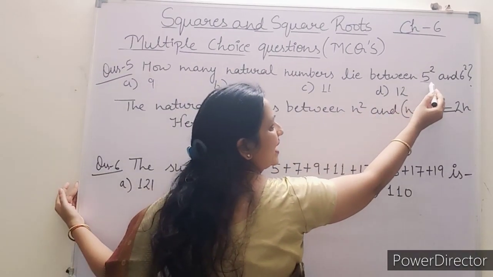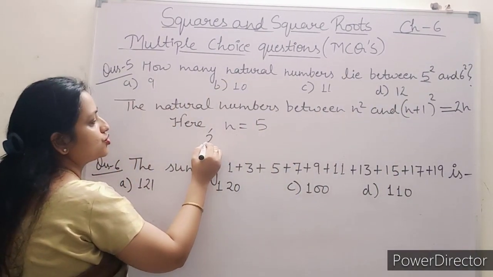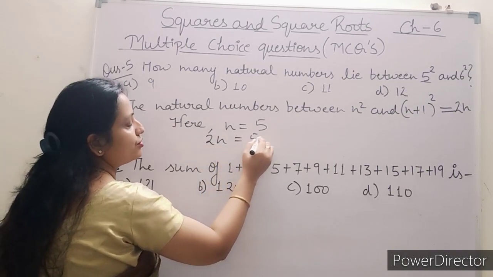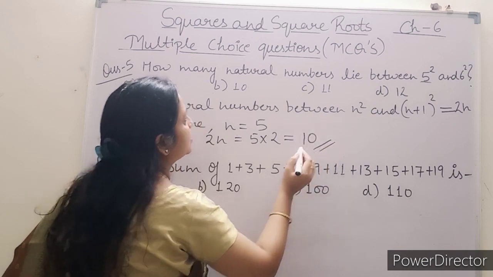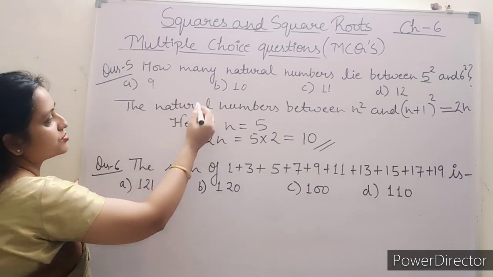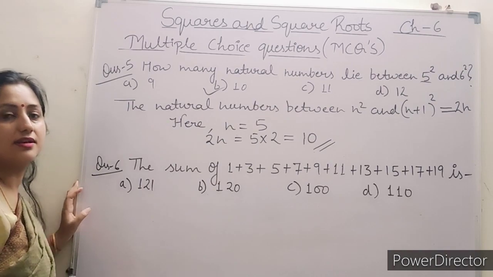Here n is equal to 5. So 2n is equal to 5 into 2, which is 10. So your correct option is 10.